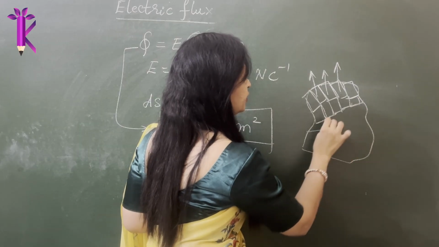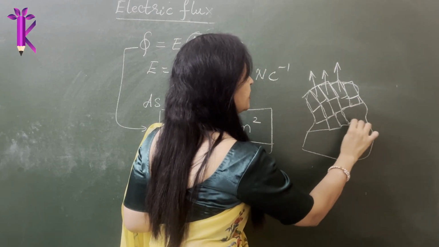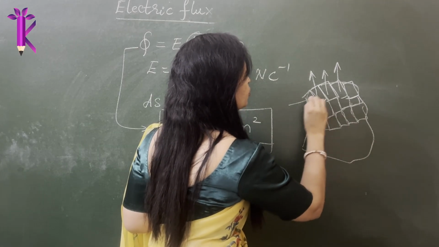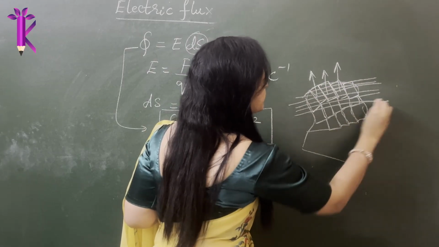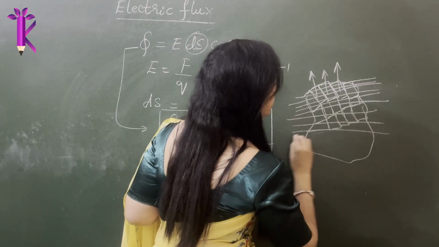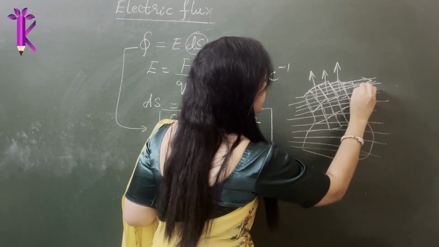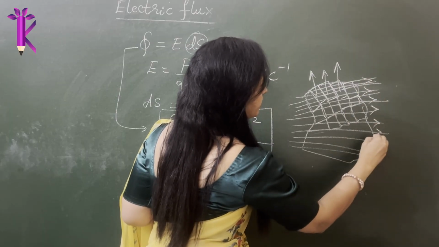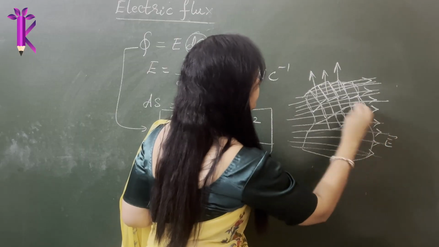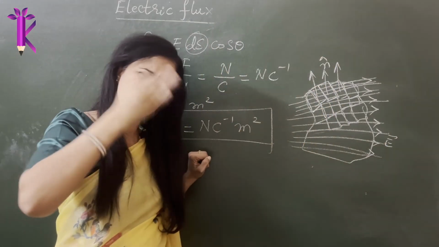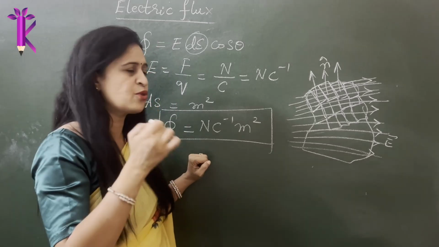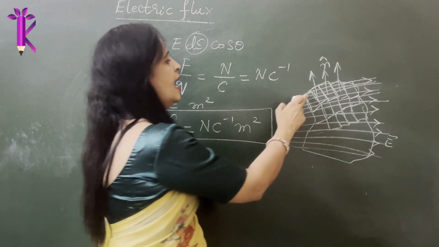So you assume it to be divided like this into infinitesimal area elements, and through each you calculate how many lines of force are actually passing through it. So these are the electric lines of force, and this is the area vector. You chop it into thin pieces, assume them to be small, tiny pieces, and calculate.